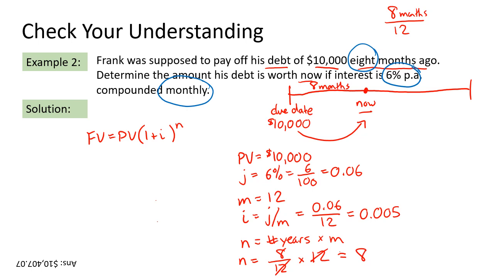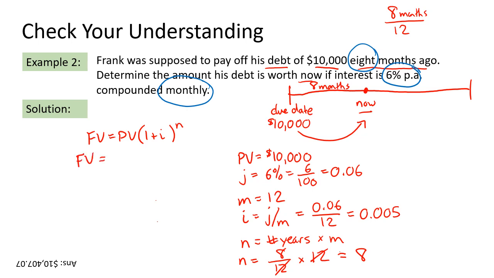So your value of n is 8. Alternatively, you could plug that into your calculator, but in this case, because I left it as a fraction, I get a whole number as opposed to any rounding that might happen if you had rounded the 8 divided by 12. Okay? So now I have all the values I need, so I'm going to substitute it into this formula.